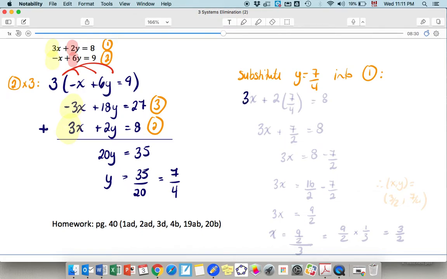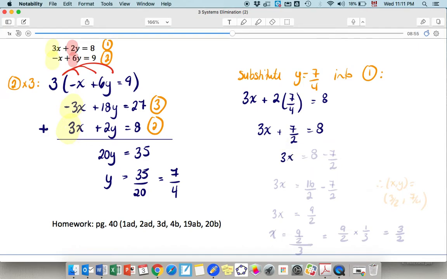Okay, so we'll have 3x plus 2 times 7/4, which equals 8. Okay, so be careful here. 2 times 7/4 is the same thing as 14 over 4 or 7 over 2. So this becomes 3x plus 7/2 equals 8.